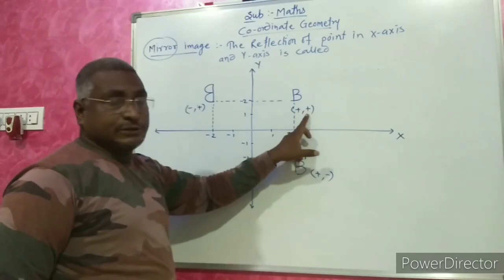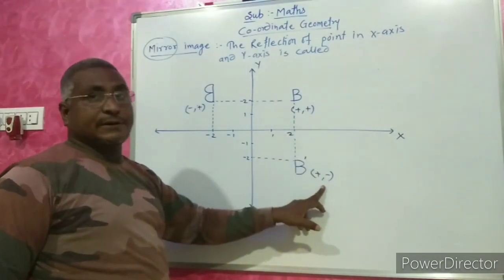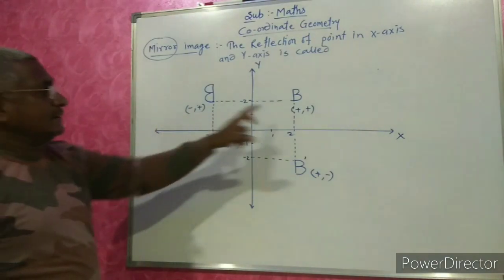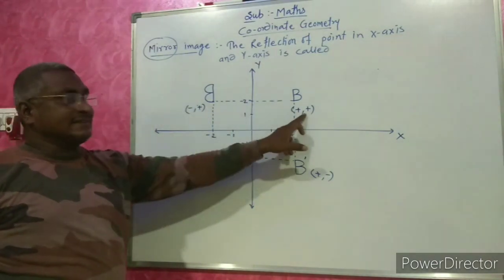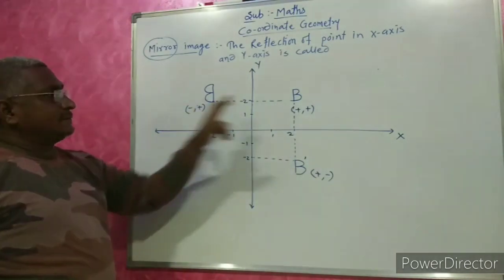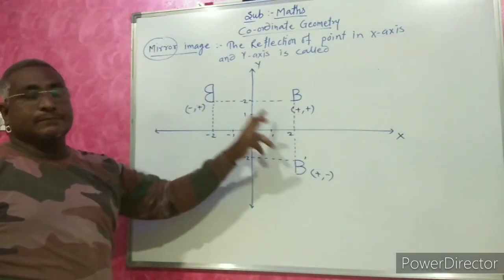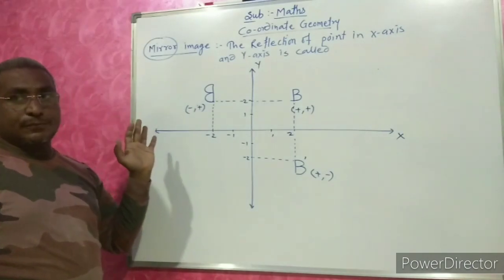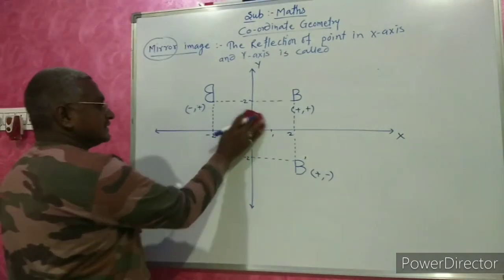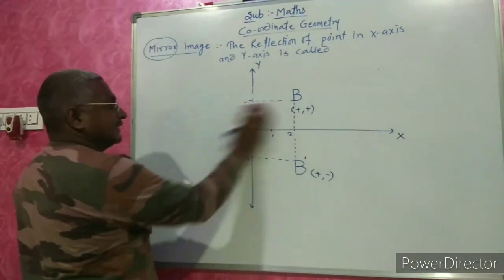If it is positive, it becomes negative. And in the y-axis, what will happen? See, the y coordinate is the same, plus plus, but the x coordinate becomes opposite. So this is about the alphabets. Now we will see if we take numbers.